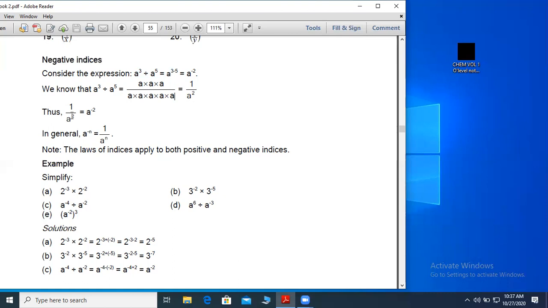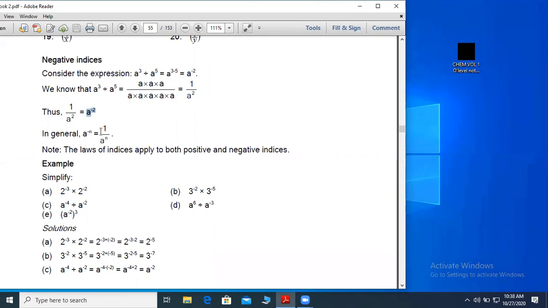Now 1 out of a squared that we get for the second part is the same as the answer which we get for the first part. So meaning that 1 out of a to power 2 is clearly equal to a to power negative 2.